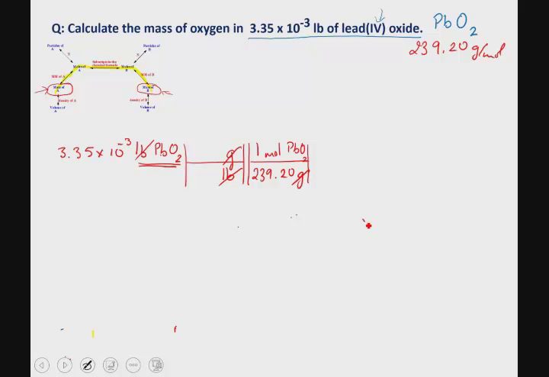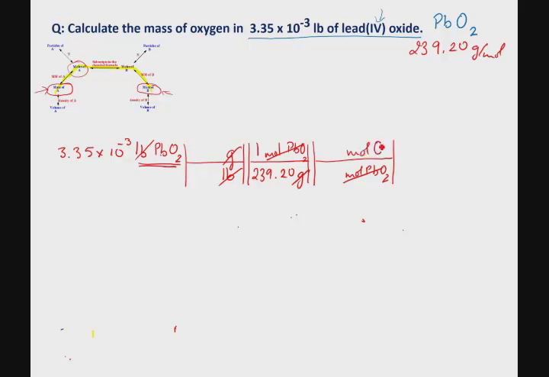We now have moles of PbO2. Moles of PbO2 can be converted into moles of oxygen in PbO2. So moles of PbO2 goes on the bottom so that it can be crossed out, converted to moles of oxygen in PbO2.